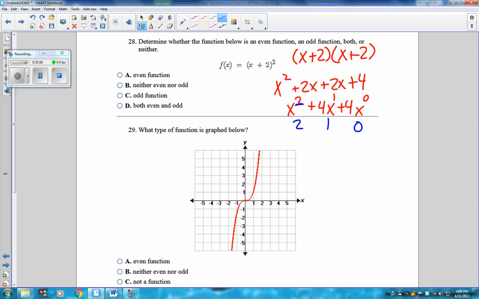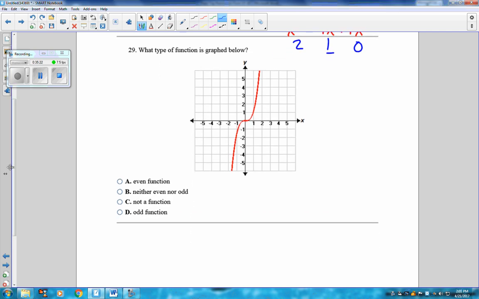In order for the function to be even, you have to have all even exponents. So I don't have all even exponents because of the 1. In order for my function to be odd, I have to have all odd exponents. But I have 2 and 0, which are even. So that means that my function is neither even nor odd. So it's B.